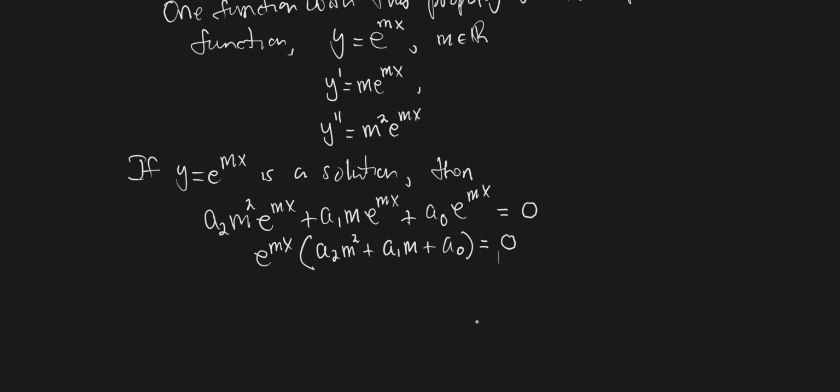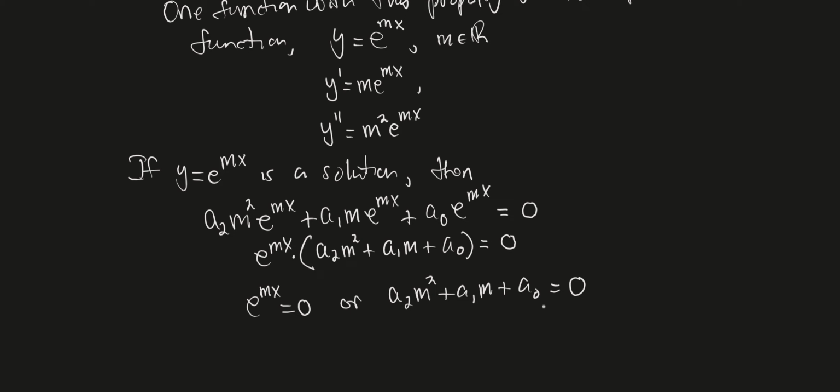So now we're really getting somewhere, because we're saying if this function satisfies my solution, then this equation has to be true. Well, based on what we know about algebra, since I have it factored, either e to the mx would have to be equal to 0, or my a2 m squared plus a1 m plus a sub 0 would have to be equal to 0.